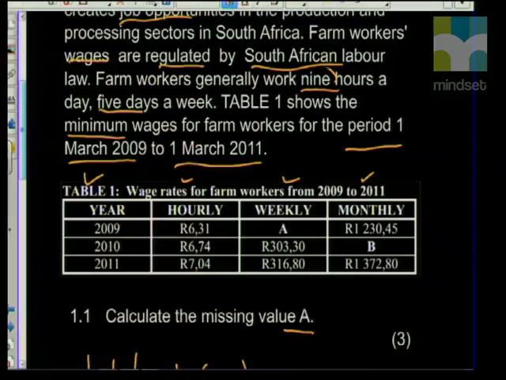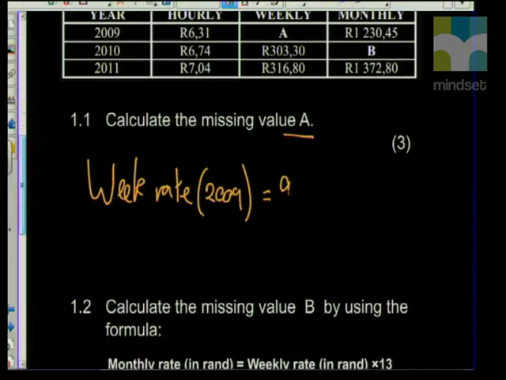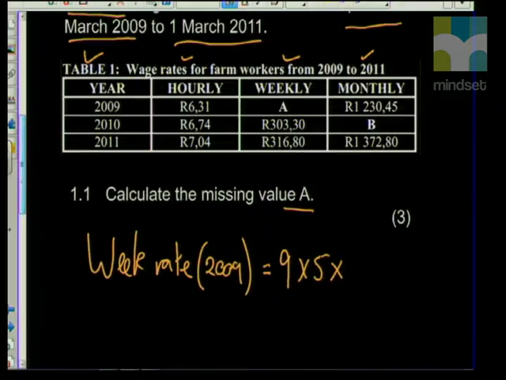Well, how many hours do the workers work for? They usually work for 9 hours a day and 5 days a week. So we're going to say 9 times 5 times the hourly rate. And the hourly rate is 6 Rand and 31 cents.